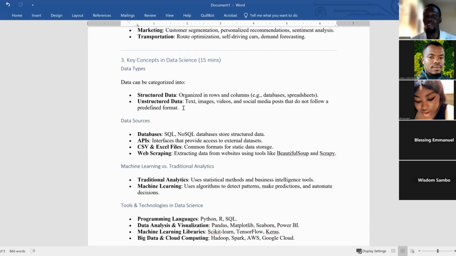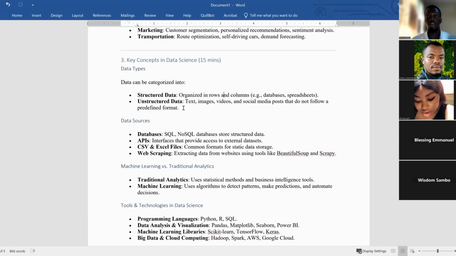Images on your phone, your selfies, your videos, social media posts, all of these are unstructured data because they do not follow a format.